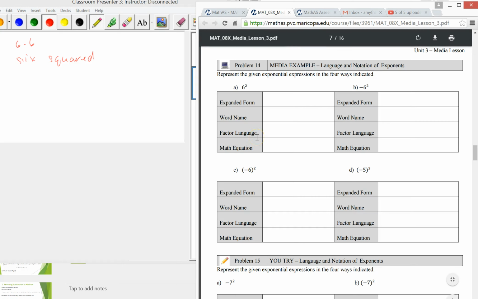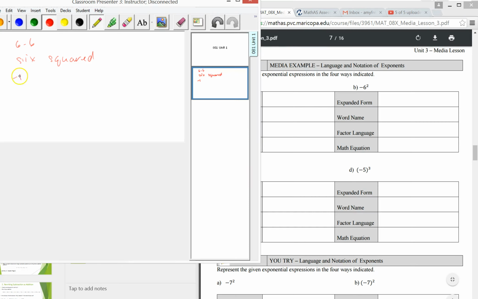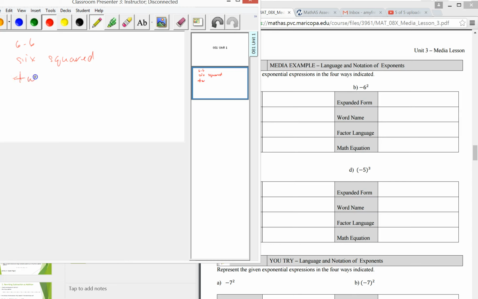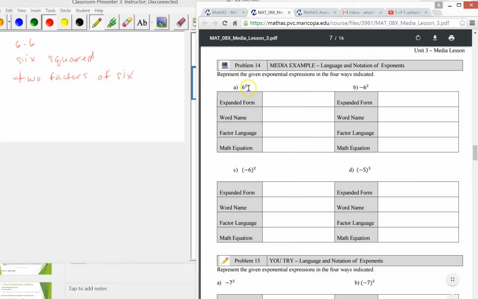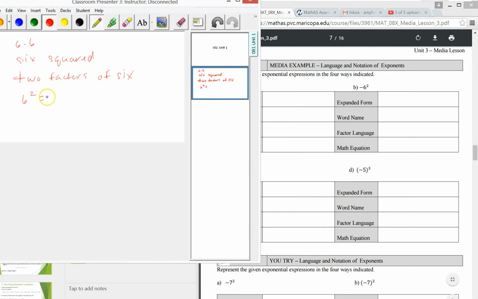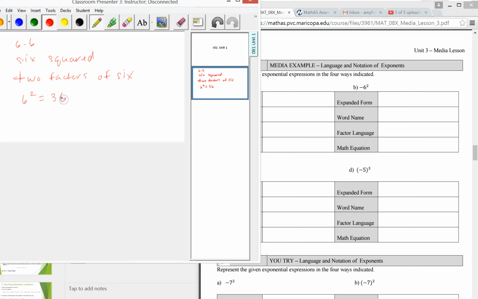Factors of, or factor language, 2 factors of 6. And by math equation, we mean that we want to write this 6 squared and what is it equal to. So this is an identity equation, but it is an equation. Okay.